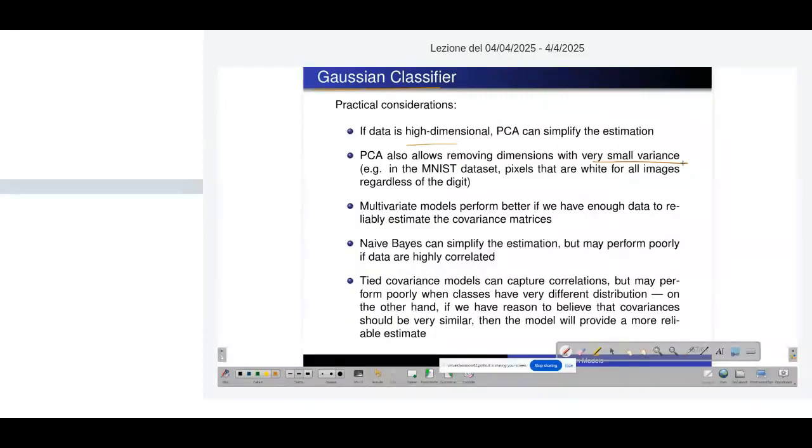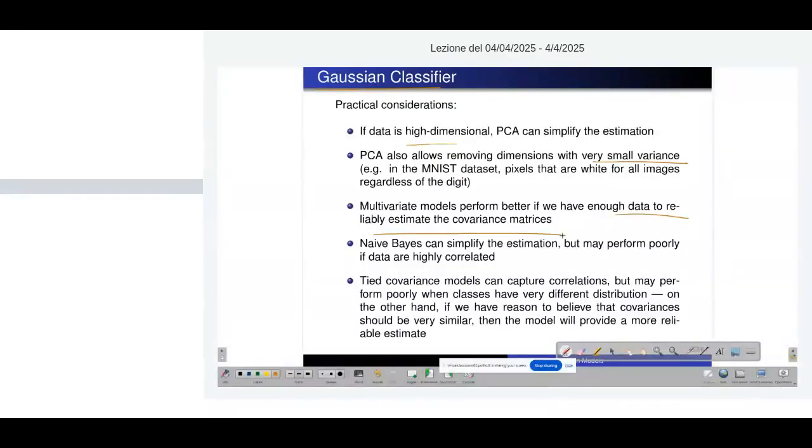The multivariate Gaussian is even more problematic because it requires one covariance matrix per class. So if the overall within-class covariance is singular, of course it is also for each class, but it may be singular for some classes just because for some classes I may have few points. So I have even higher troubles than I have with the LDA model.